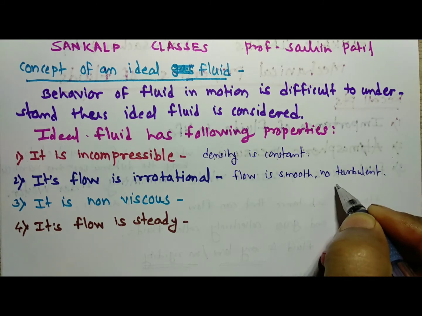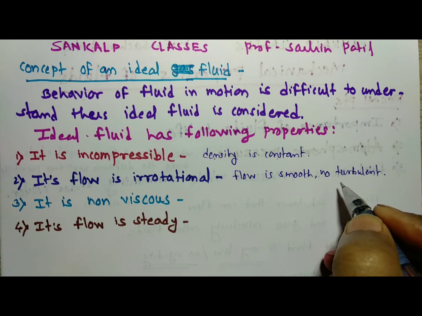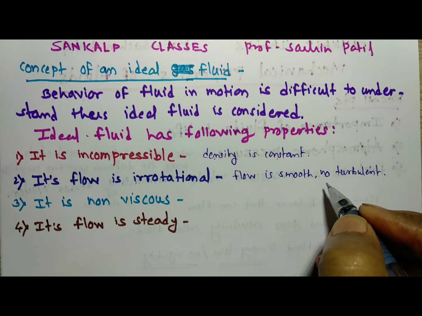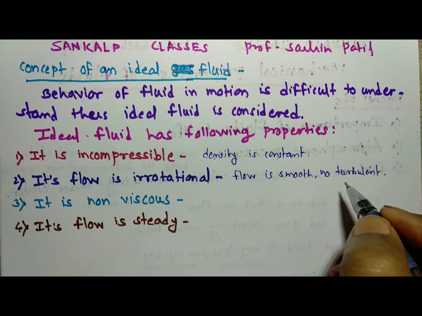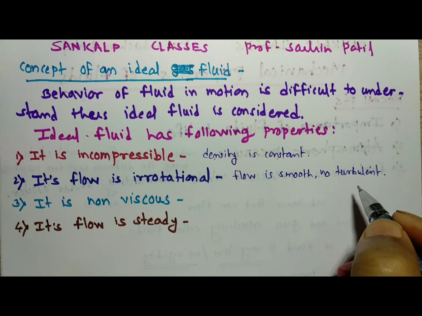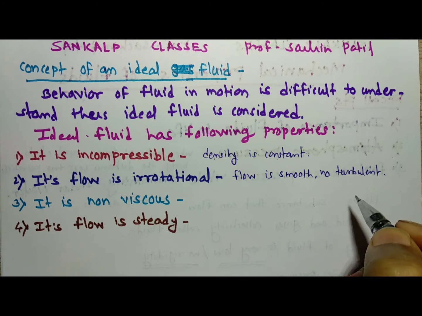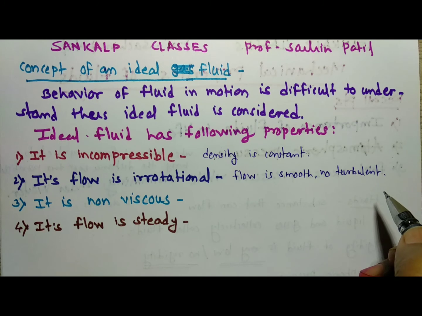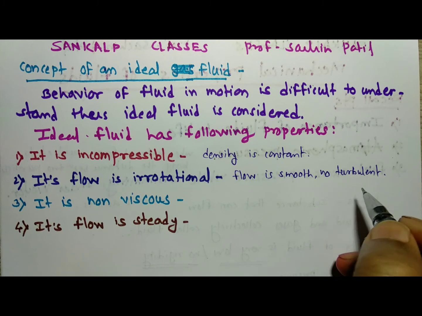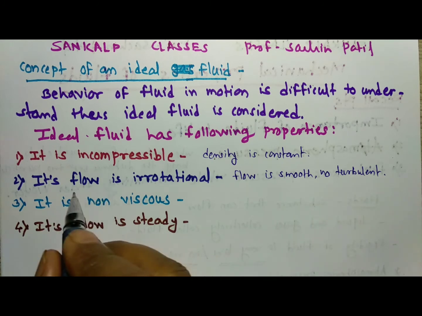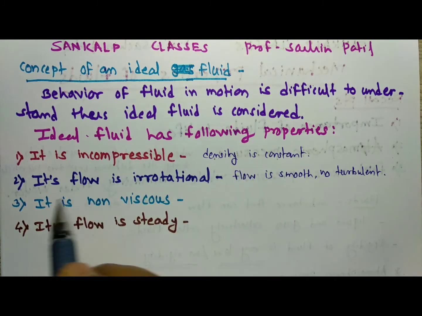What is turbulent? It is rough, like seawater, whose surface is rough. Smooth flow is like a river where the depth is large. But where the depth is small, the flow of the river is very harsh, and that is turbulent flow. The ideal fluid has this property.